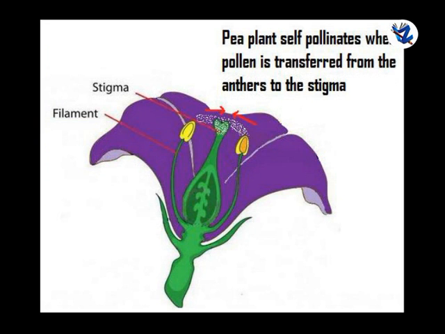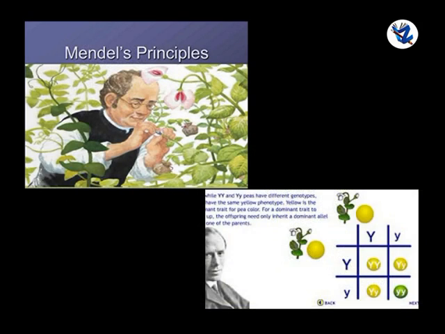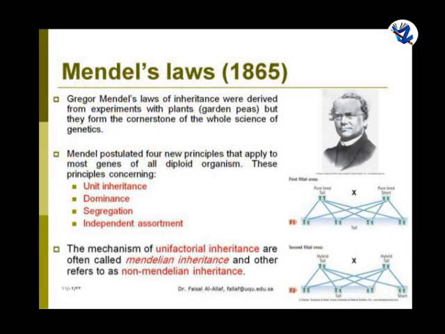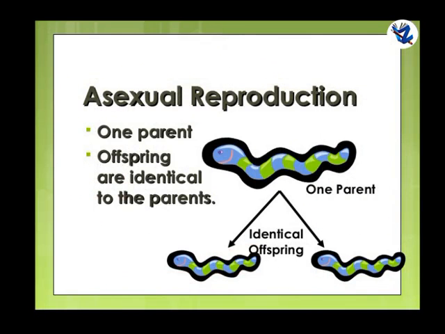Now the first scientific explanation regarding inheritance was given by Mendel, and the principles are now popularly known as Mendel's laws of inheritance. So let's know about this. The organisms produced by asexual reproduction or plants produced by vegetative propagation are identical to their parents and can be called clones.